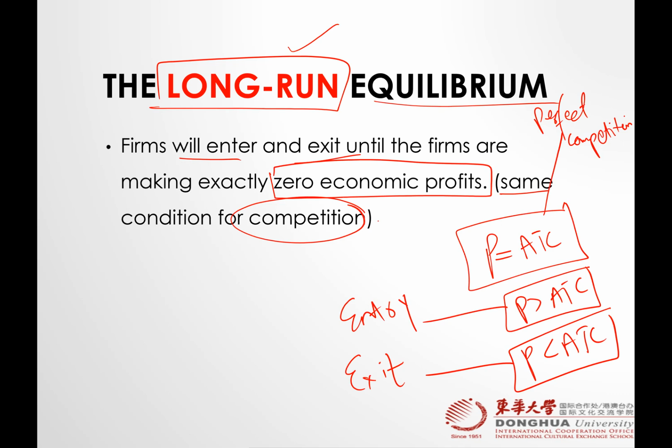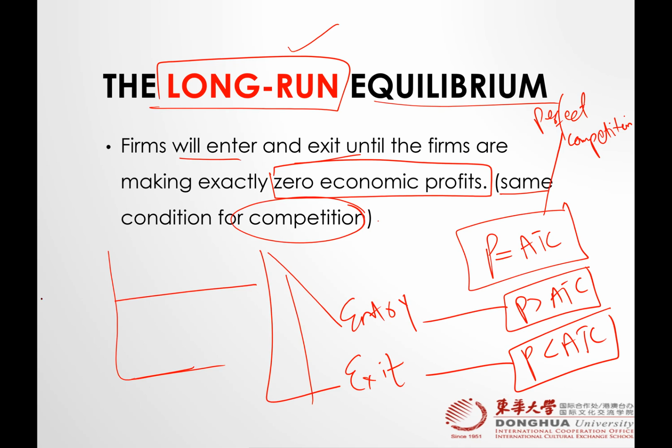Let's talk about whether it exactly behaves like a perfectly competitive market or if there are some differences. In perfect competition, we have seen that the demand curve is a horizontal straight line, while for the monopolistically competitive firm, the demand curve is downward sloping, right? Plus the MR is also downward sloping.